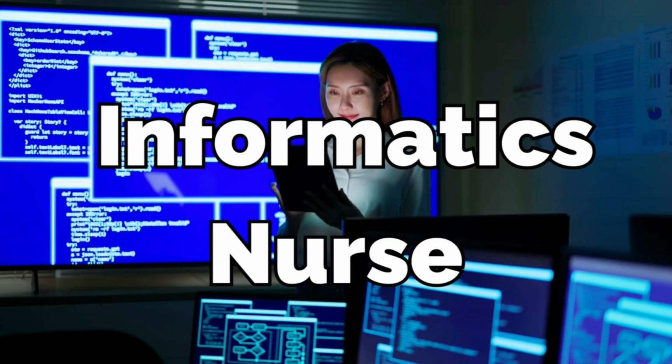Informatics nursing. An informatics nurse is someone who works on computer systems, basically. So when you are in a clinic setting or a hospital setting, most hospitals now have electronic charting, like Epic, Cerner, McKesson. I think there's McKesson, but they have charting systems.